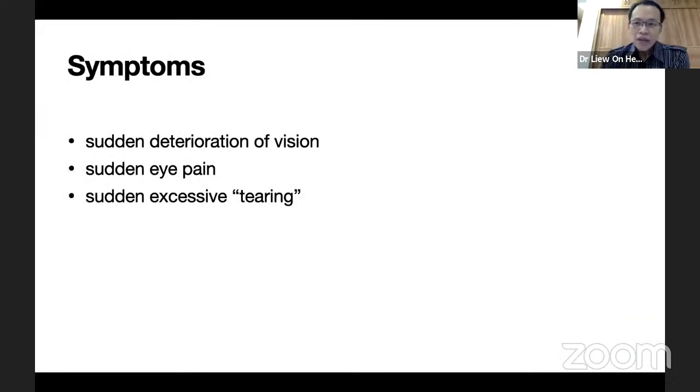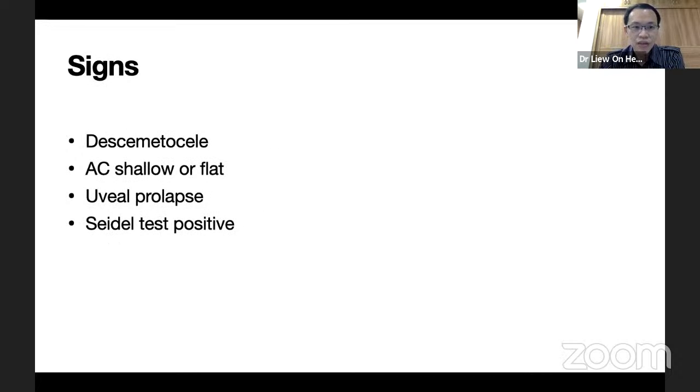The patient may experience sudden deterioration of vision in the case of acute perforation, or may have acute eye pain or excessive tearing. On clinical examination, you may see a descemetocele, a shallow or flat AC, or uveal prolapse at the perforation site. The Seidel test may be positive, but it could be negative in the case of a flat AC where there is no more aqueous fluid to leak.